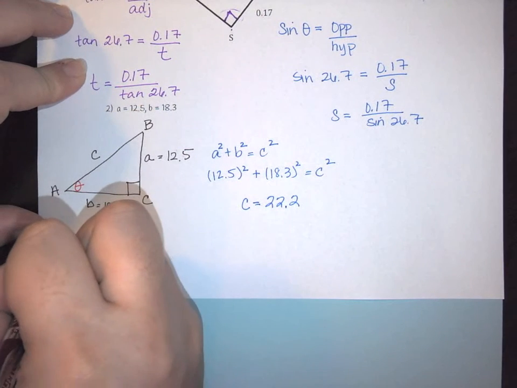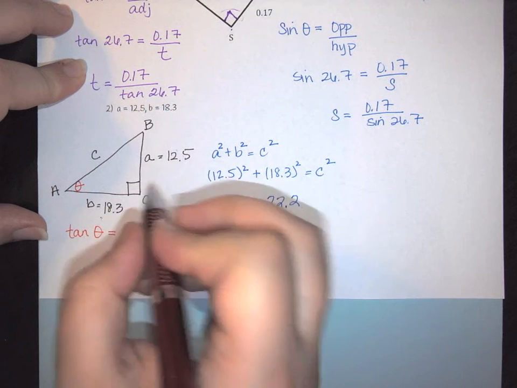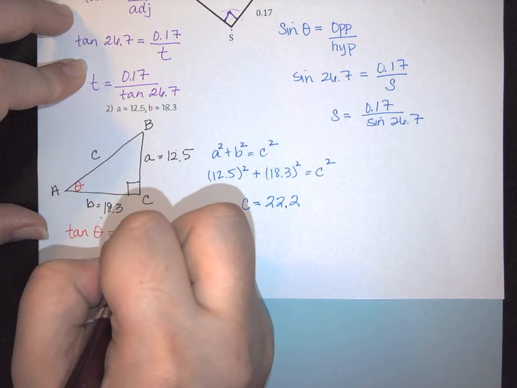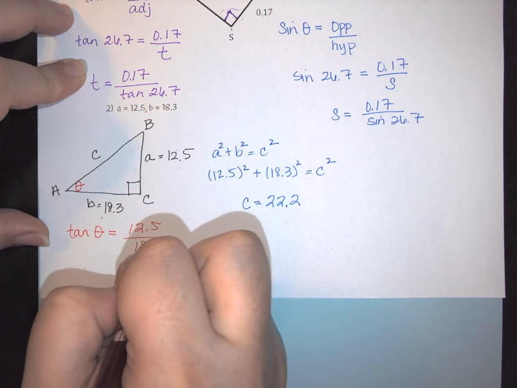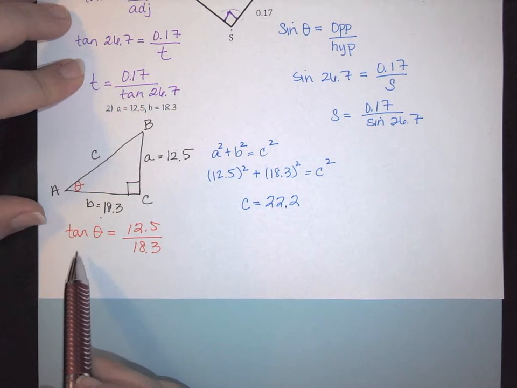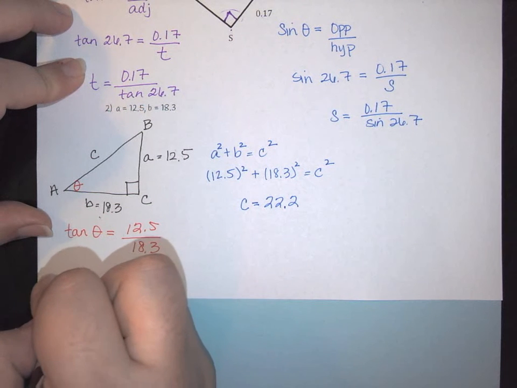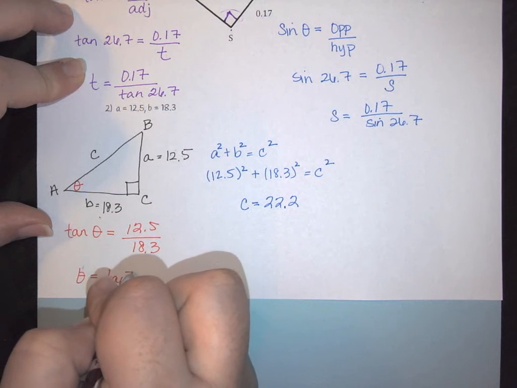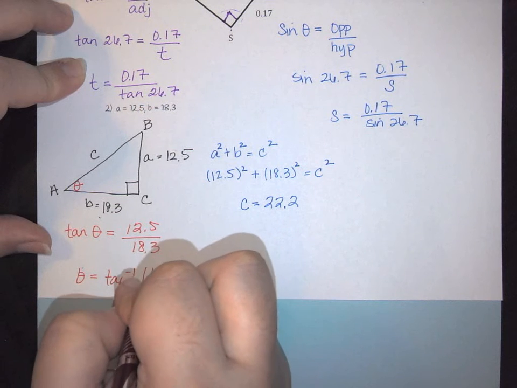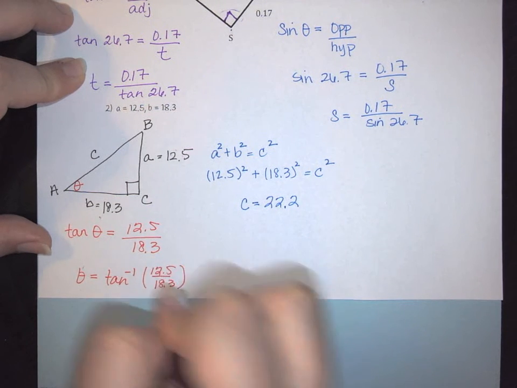So I am going to say that the tangent of theta is going to be opposite 12.5 over the adjacent 18.3. Well, all we need to do is solve for theta. So in this case, my theta value is going to be tangent to the negative first of 12.5 over 18.3.